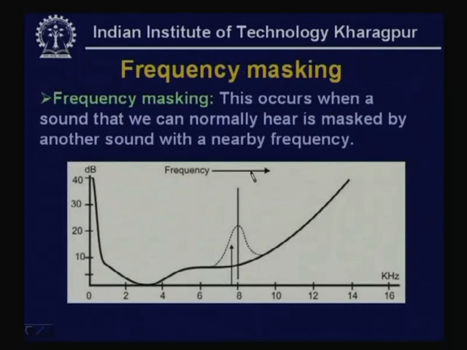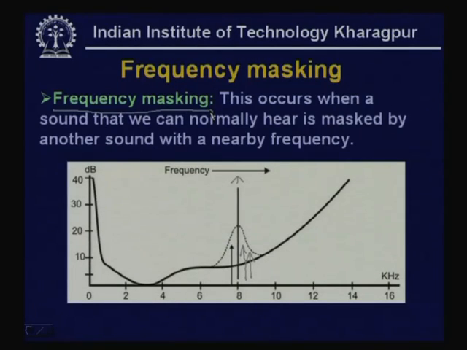For example, if there is a loud sound at say 8 kilohertz, then how the threshold is increased is shown by this dotted line. If there is a sound with amplitude in this range, it will not be audible to the ear. So, you can see the threshold is being raised by the presence of a loud signal of a particular frequency. This is known as frequency masking.